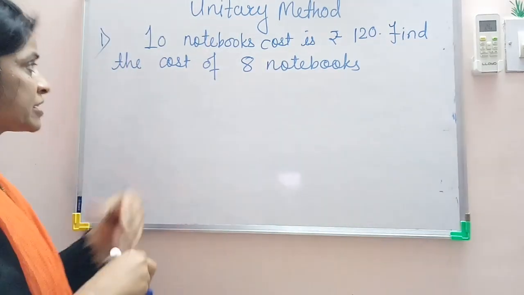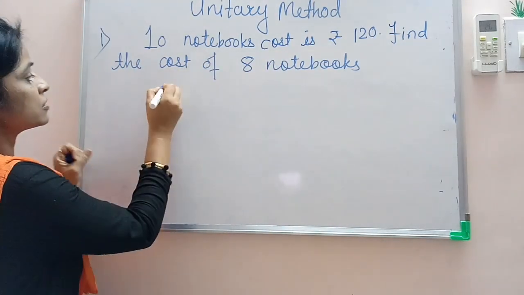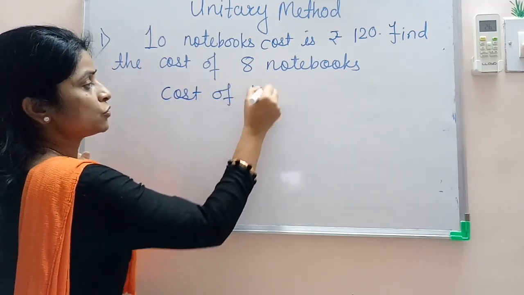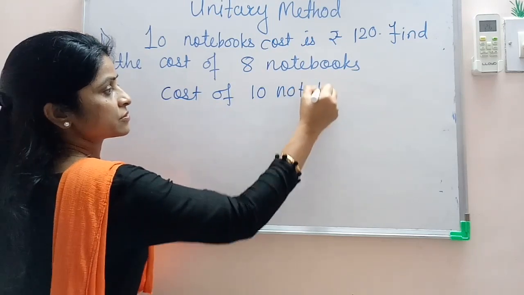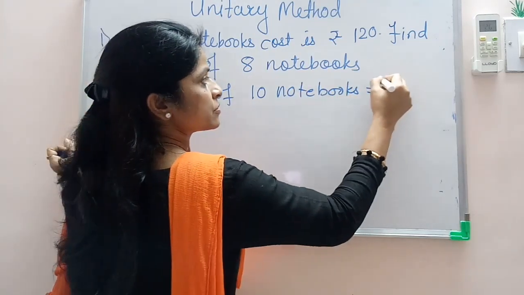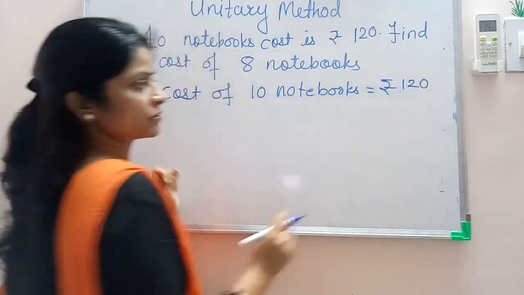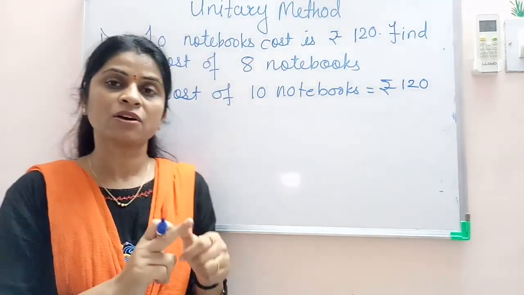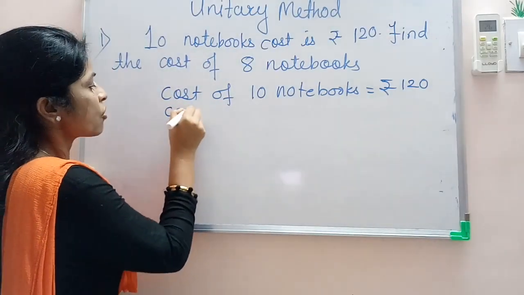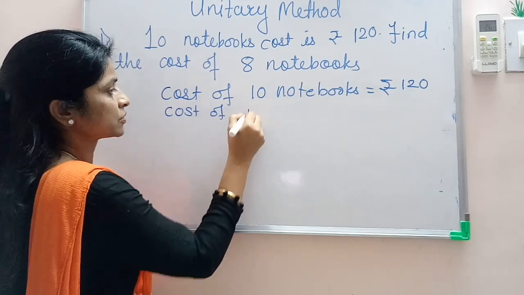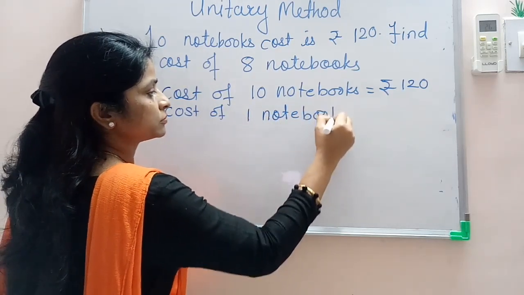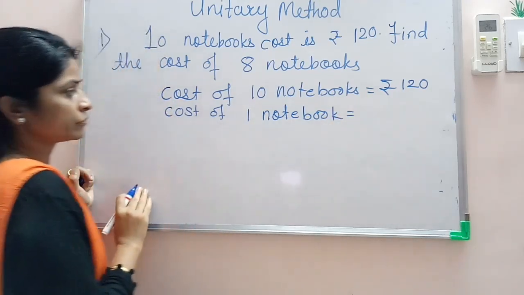Now here what is given? Cost of 10 notebooks are given. That is rupees 120. Okay. Now you have to find out the cost of one notebook. So cost of one notebook is equal to what?